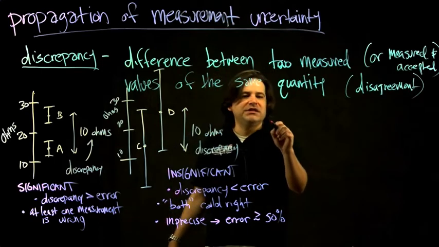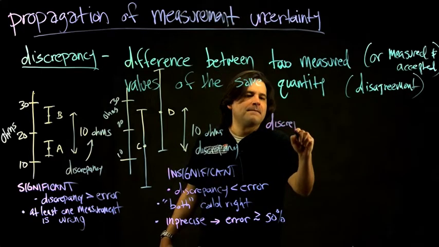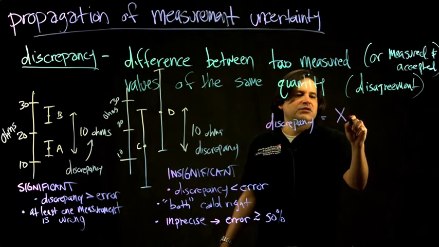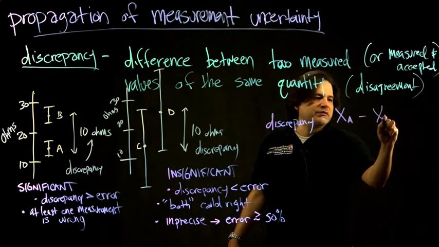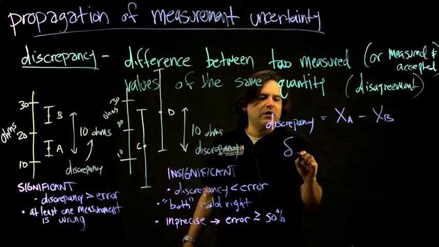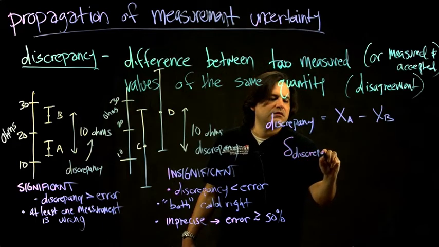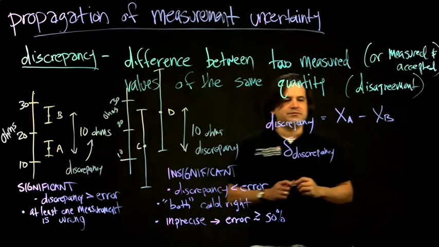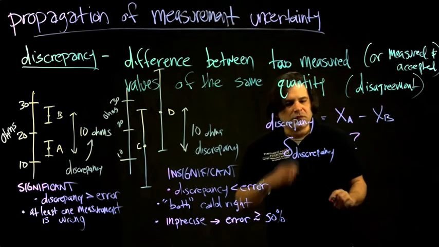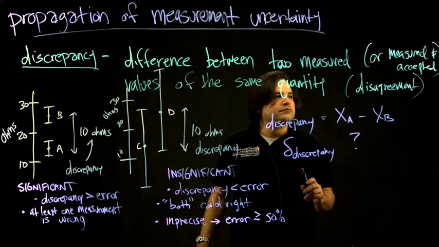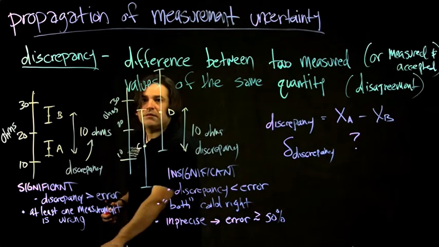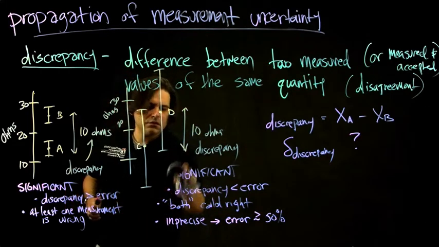They said discrepancy D equals the measurement from student A minus the measurement from student B. So the question is, what is the error bar of the discrepancy?